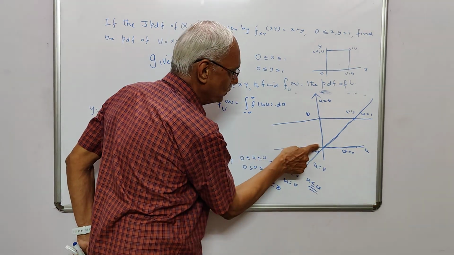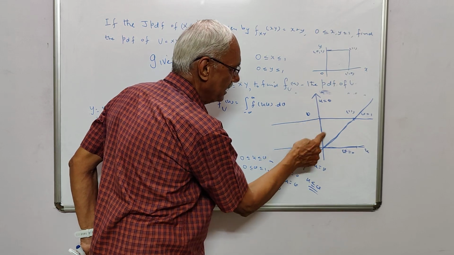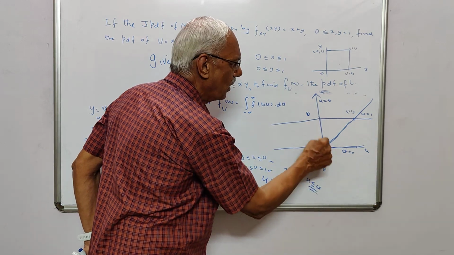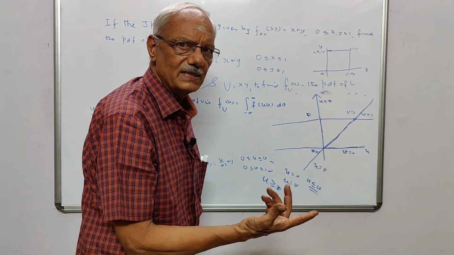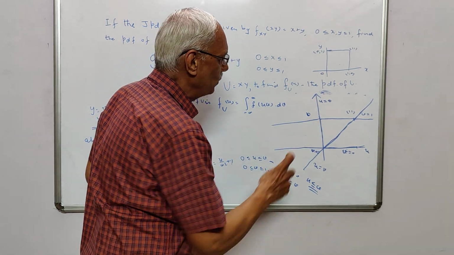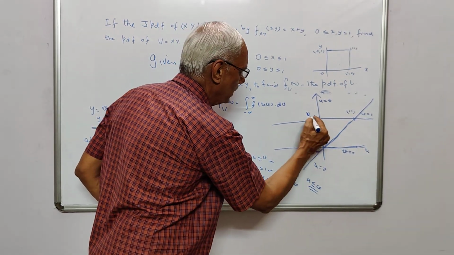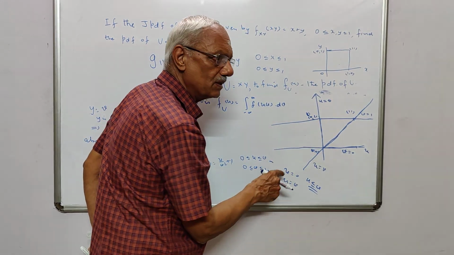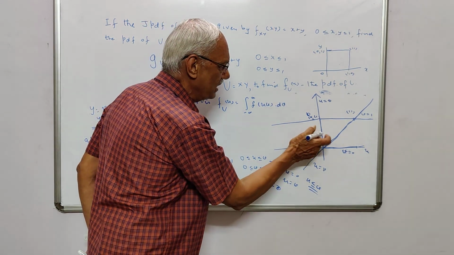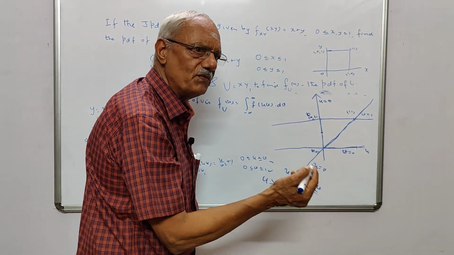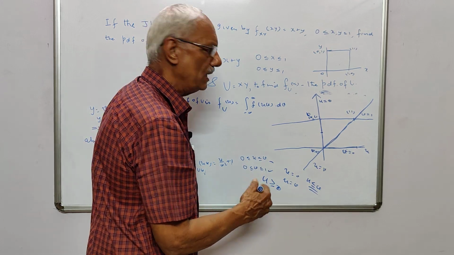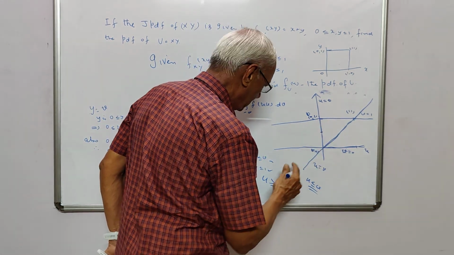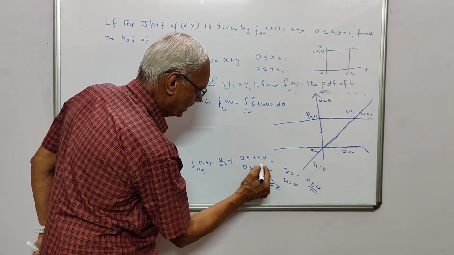If you take this region, u is 0 here, definitely all these points will be less than v, because here v is 1 and u is 0, which is less than 1. If you take u equal to 0 but v equal to half, it is still less than v. So this is the region in which this is satisfied.